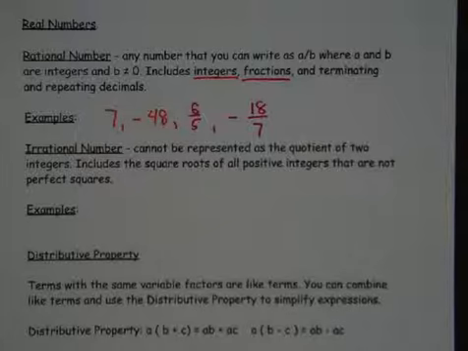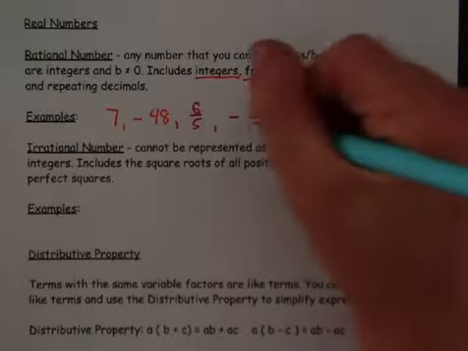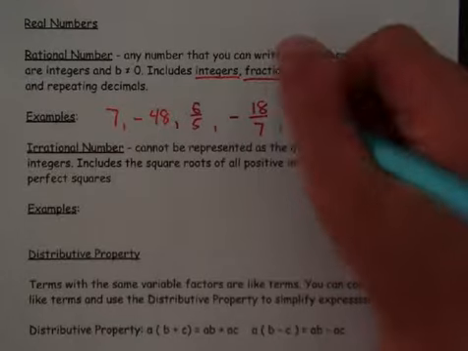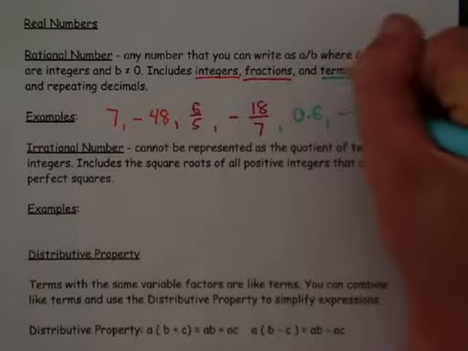And then lastly, it could be a terminating decimal. So that could be something like 0.6, negative 4.82.